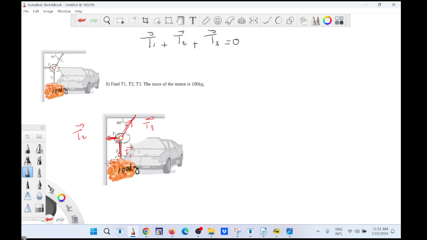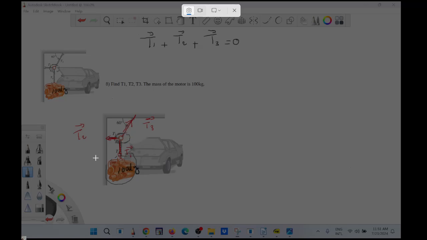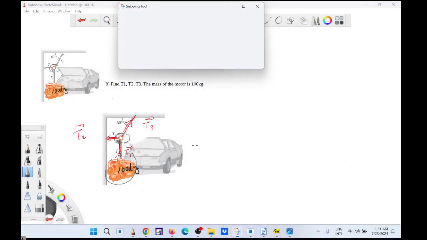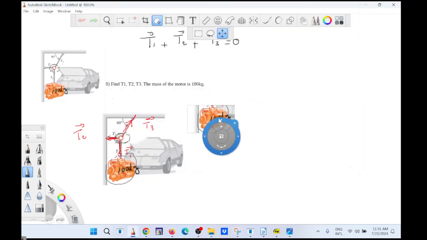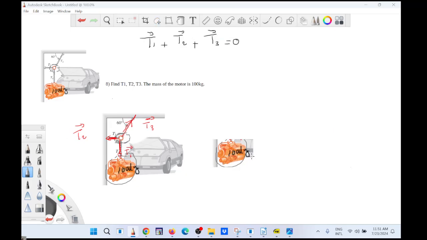And if you take that system here, so if you just take the motor or engine, the engine only here, in that case, the engine also is in equilibrium.